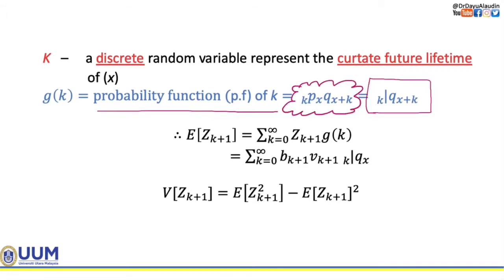Or we also can write it in terms of conditional probability. If death happens between x plus k and x plus k plus 1, the benefit will be paid at the end of the year, so x plus k plus 1. So this is the formula for variance.